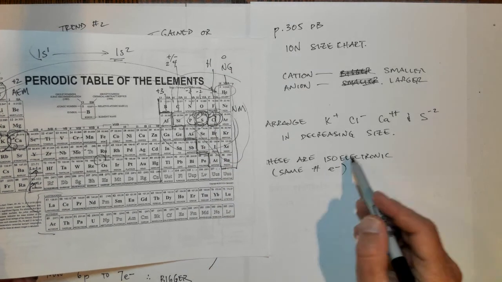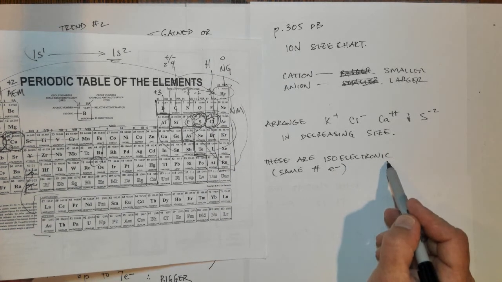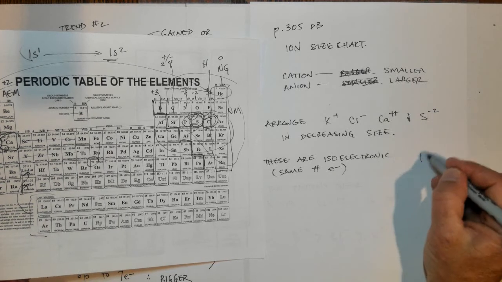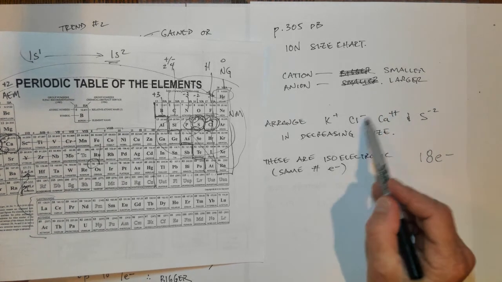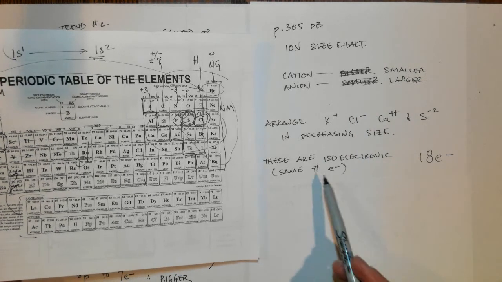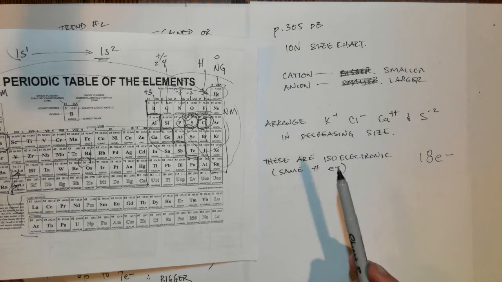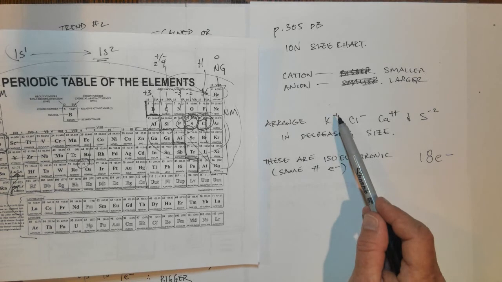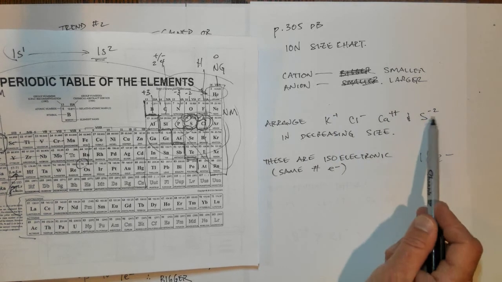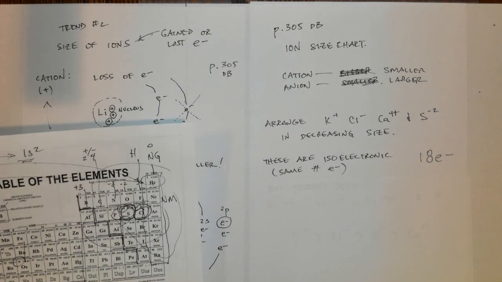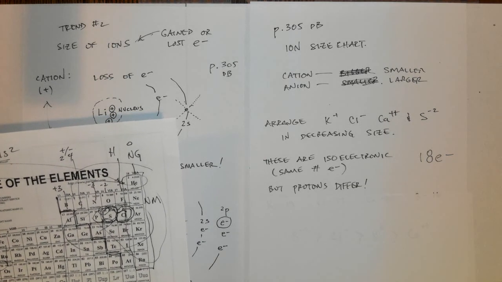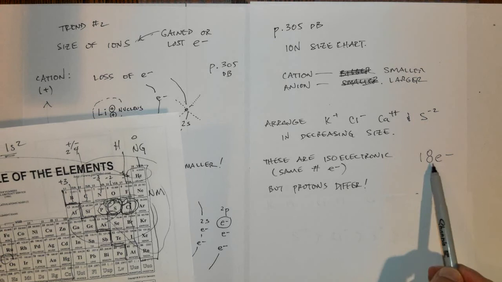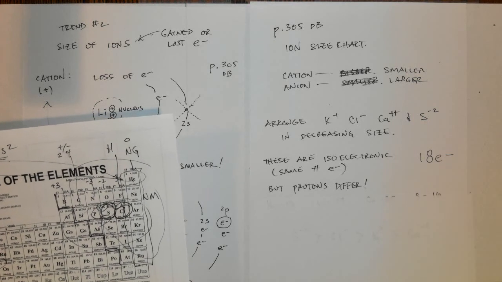They are all called isoelectronic because they all have 18 electrons when they are in their ion state, because they have the same number of electrons since they lost 1, lost 2, gained 1, gained 2. So the thing that's different about these is their protons. The protons differ in each one of them. They have the same number of electrons, 18, but their protons differ.